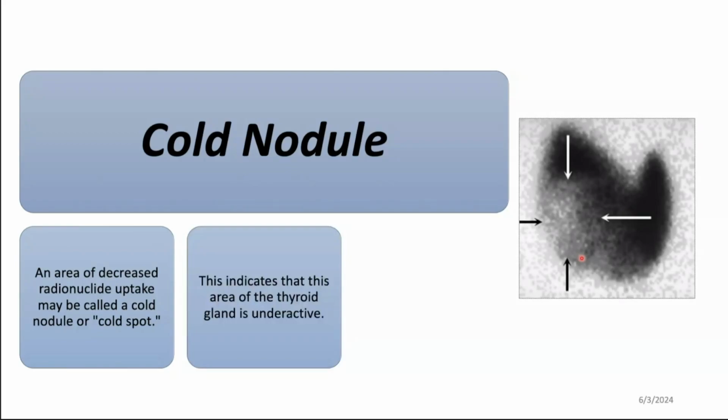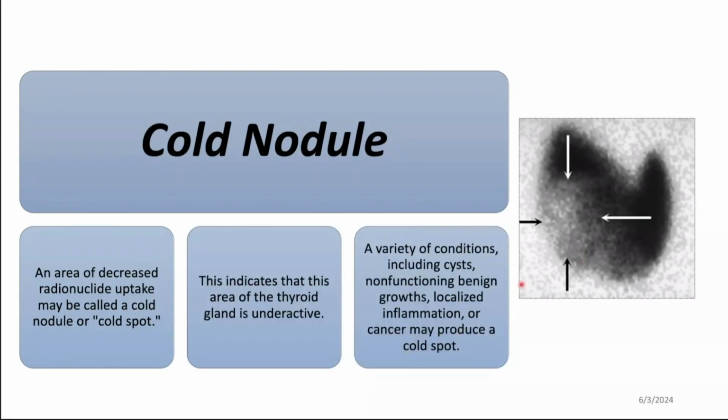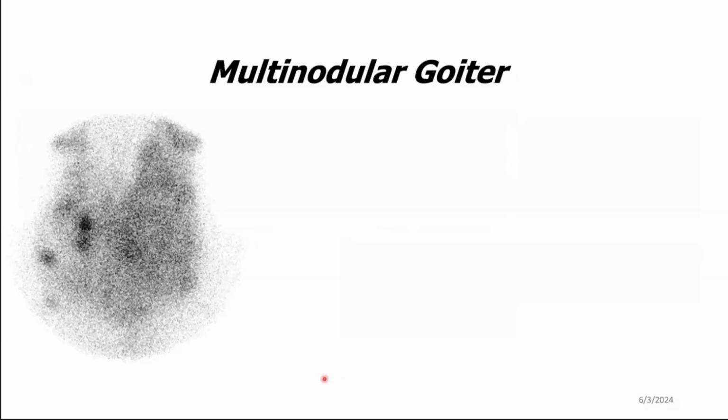It doesn't necessarily mean it's 100% cancerous, but there is a higher chance of it being cancer than the hot nodule, okay? So a cold nodule could be cancerous, so it is suspicious. So we might also go further and take a biopsy or do fine needle aspiration for cold nodules only, okay? Hot nodules, they're almost always benign.